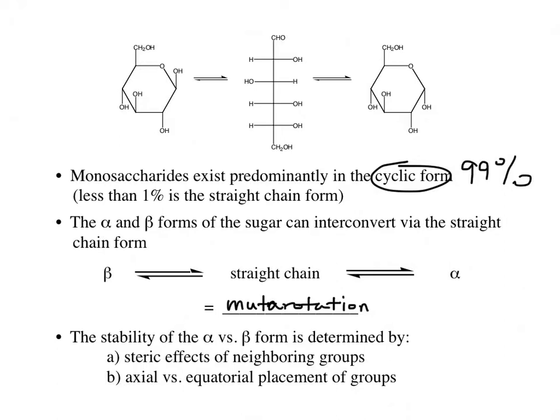You're not going to get 50-50 between the alpha and the beta. It's going to depend on how many groups are axial in each form, because remember, axial is not as good. So if beta had fewer groups axial, then that might be the preferred form. It could also depend on steric effects. So it's not necessarily going to be 50-50.